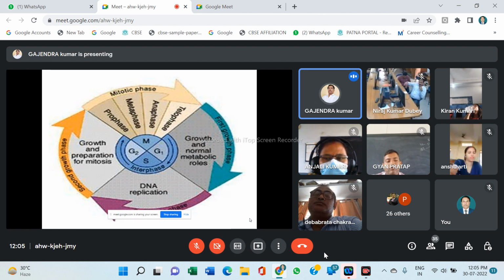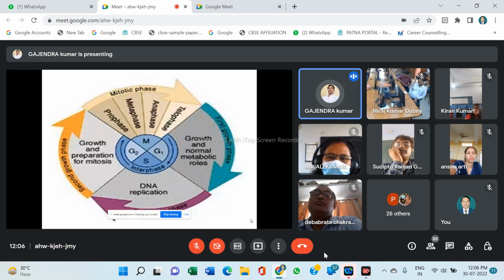Strasburger in 1870, then it was studied by Bovary and Fleming in 1879. Mitosis is a type of cell division which occurs in somatic cells or vegetative cells where the cells are formed which are genetically similar to the parent cell.